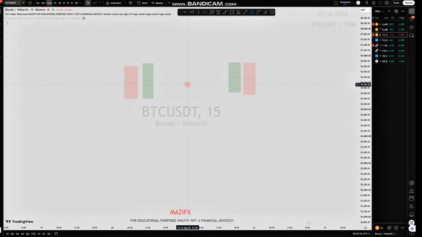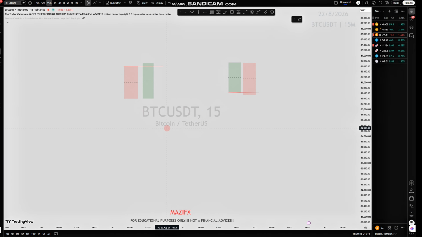From what you can see on my screen here, the green candle is taller than this red candle. Bullish candle, bearish candle. Okay, this is a bullish engulfing. Now this is a bearish engulfing.